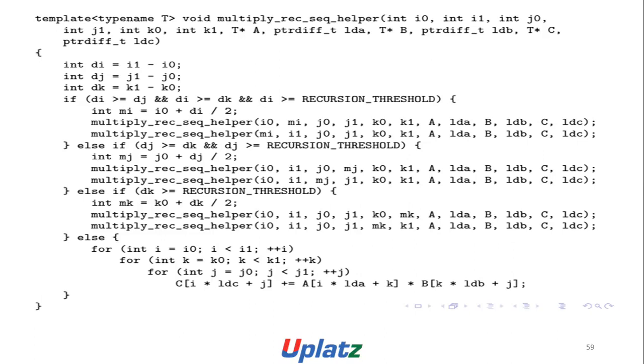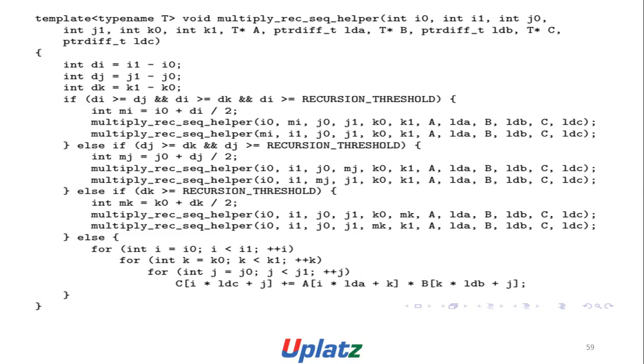Else if dk greater than or equal to recursion threshold, mk is equal to k0 plus dk by 2. Multiply recursive sequential helper i0, i1, j0, j1, k0, mk, A, lda, B, ldb, C, ldc. Multiply recursive sequential helper i0, i1, j0, j1, mk, k1, A, lda, B, ldb, C, ldc.